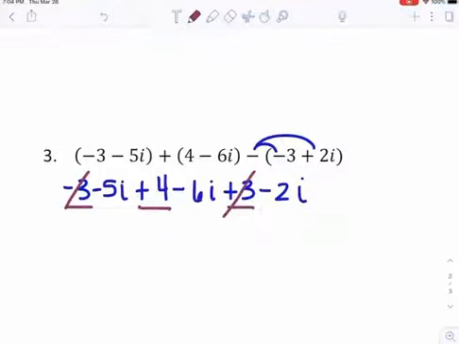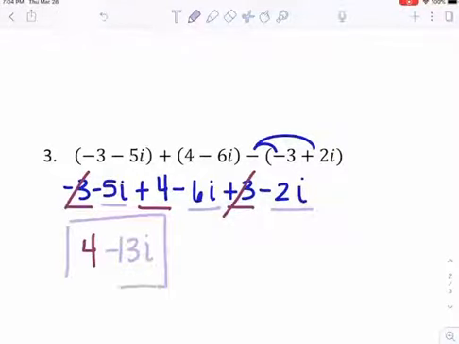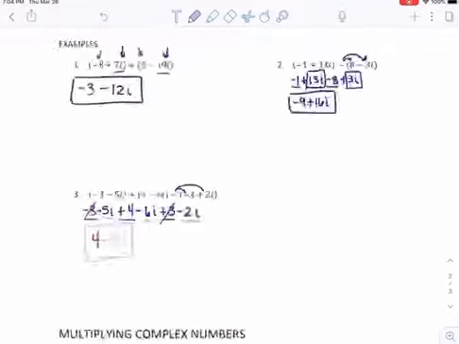These 3's are going to cancel out. I'm left with 4. Then I have negative 5i, negative 6i, and negative 2i. So negative 5 plus negative 6, that's negative 11, plus negative 2, that's negative 13i. Here is my final answer, my complex number, 4 minus 13i.